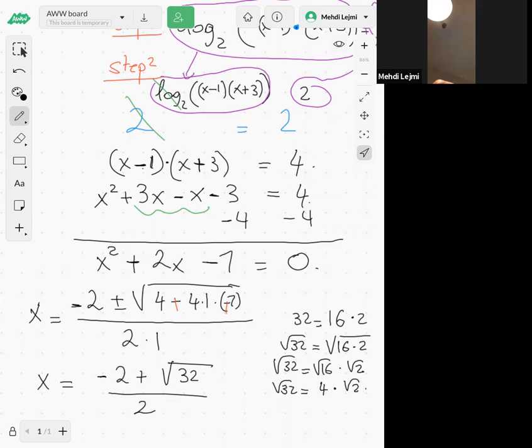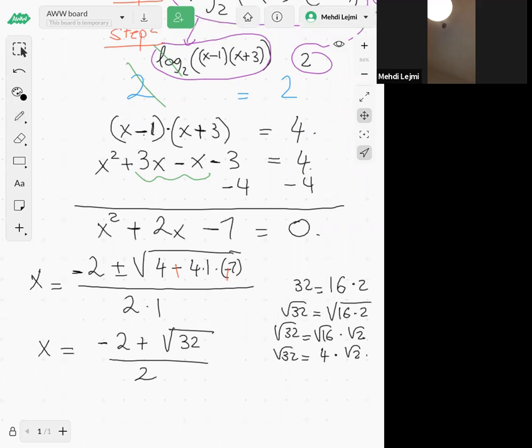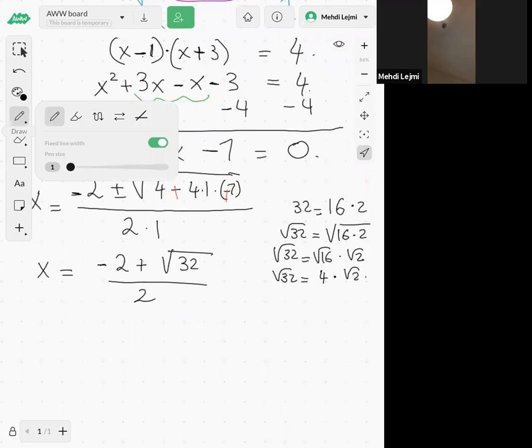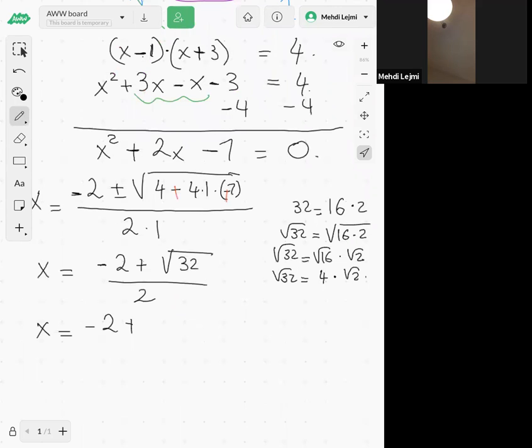Okay. So what I'm saying is that this square root of 32 is just 4 times the square root of 2. So this is x equals minus 2 plus 4 times the square root of 2, over 2. I think this is kind of a common mistake. So here, guys, when you divide by 2, we have to divide each of the terms by 2.